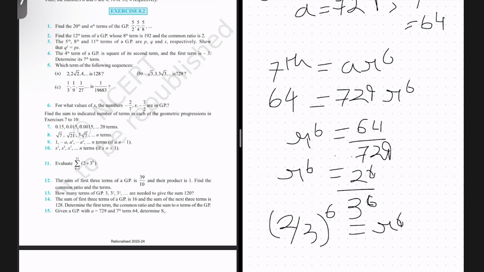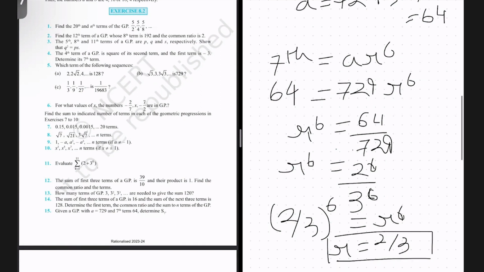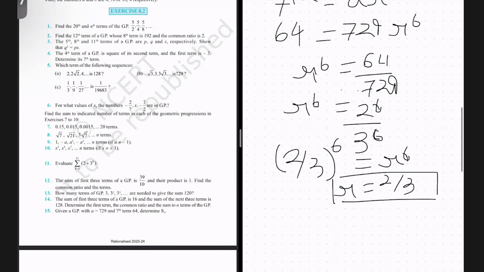When you solve for the real roots of this equation, you finally have r as being equal to 2 by 3. The common ratio that we now have is r equals 2 by 3, and we now have to determine what S7 is going to be. So S7 is going to be a(1 - rⁿ) upon 1 - r.